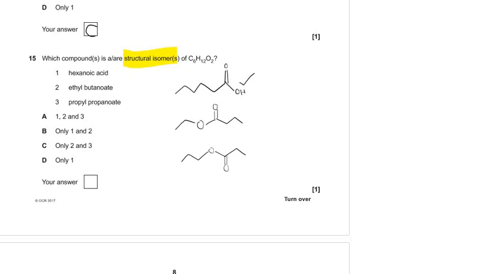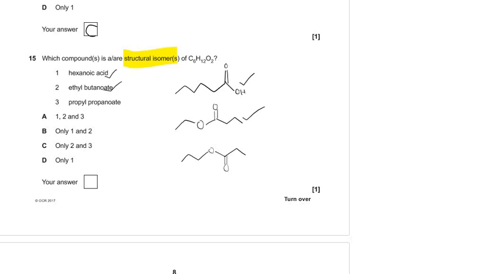So hexanoic acid, yes. Ethyl butanoate, let's have a look. We've got 1, 2, 3, 4, 5, 6 carbons, 2 oxygens, and 1, 2, 3, 4, 5, 6, 7, 8, 9, 10, 11, 12 hydrogens. So ethyl butanoate, it's another yes.